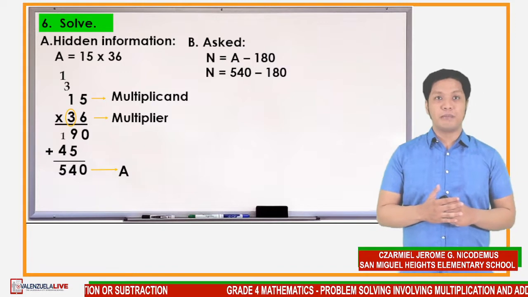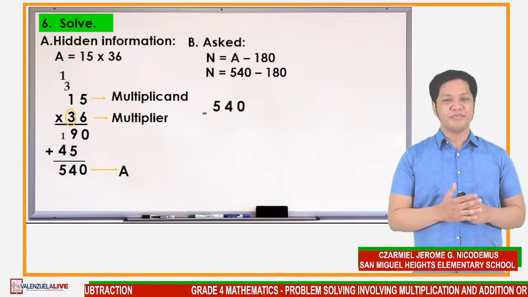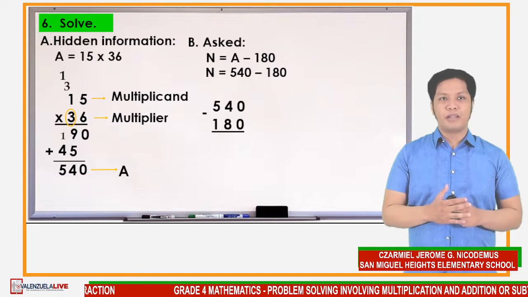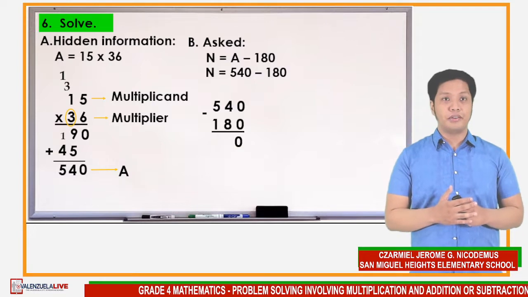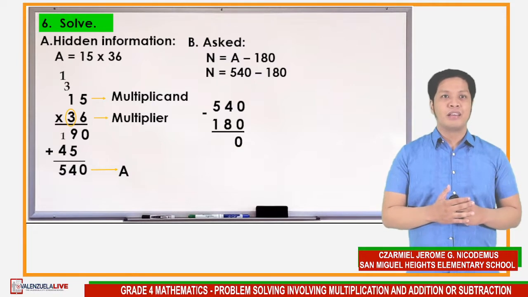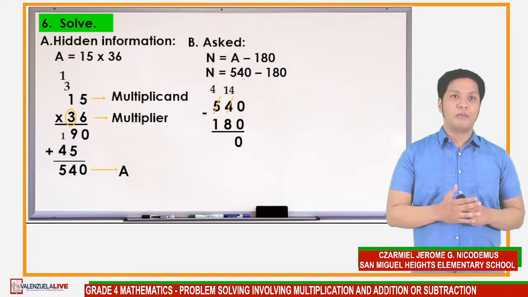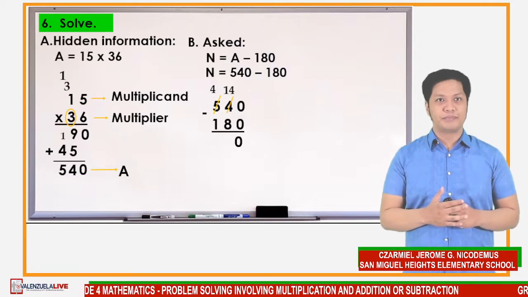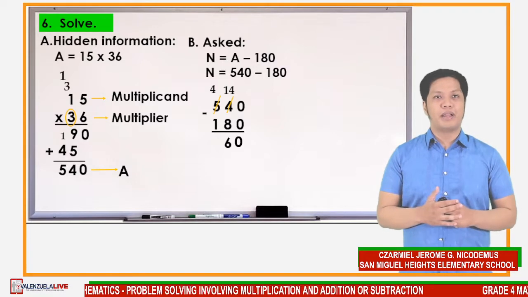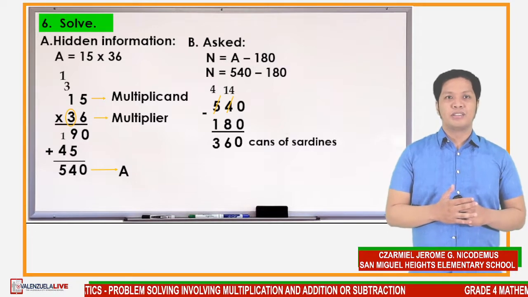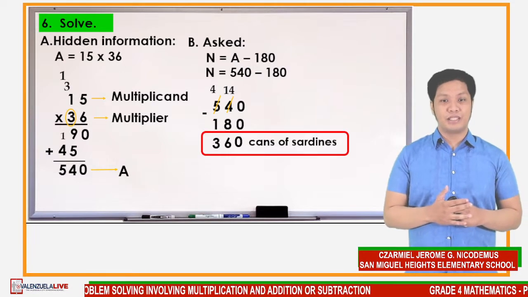So, N equals 540 minus 180. 0 minus 0 equals 0. 4 minus 8 cannot be, so we need to borrow from 5. 5 will become 4, 4 will become 14. 14 minus 8 equals 6. 4 minus 1 equals 3. So our final answer is 360 cans of sardines.